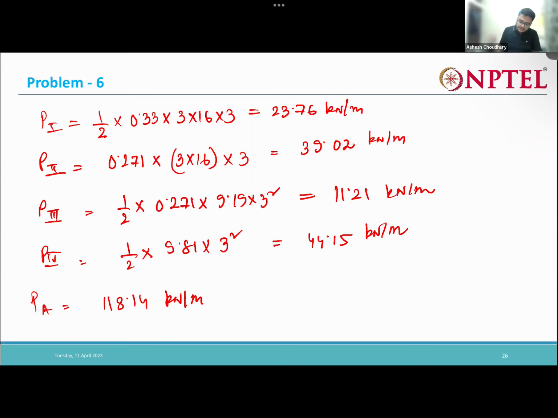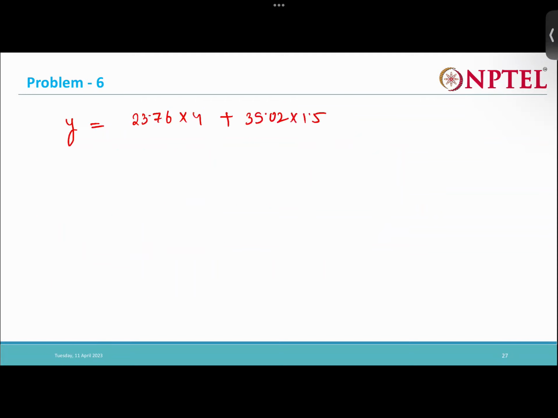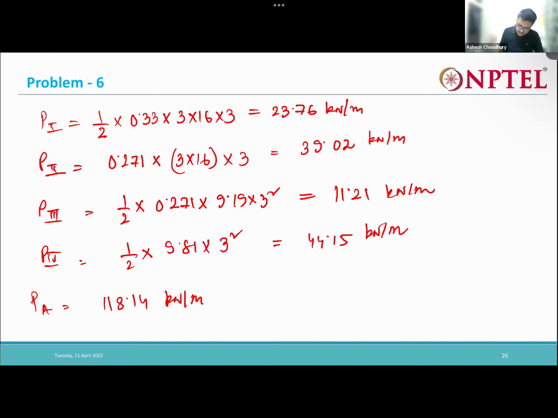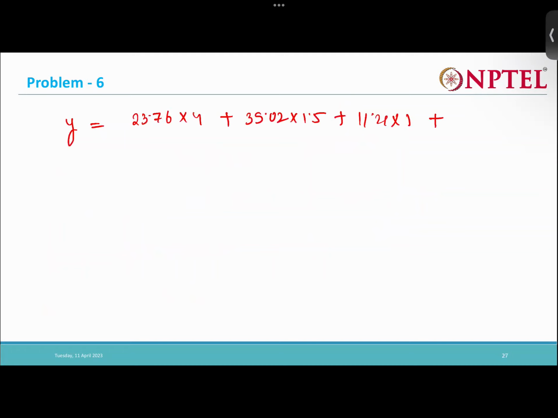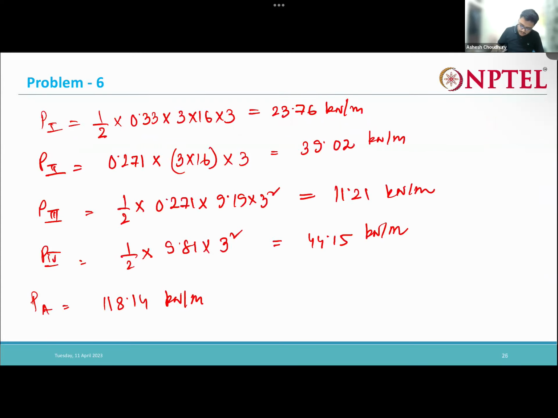Okay, now what we need to do is find out y, the point of action. So for that: 23.76 into 4, plus 39.02 into 1.5, plus 11.21 into 1, and 44.15 into 1, divided by 118.14.